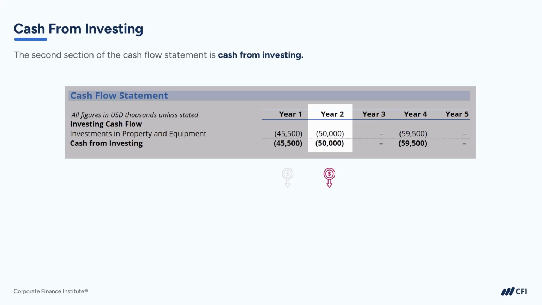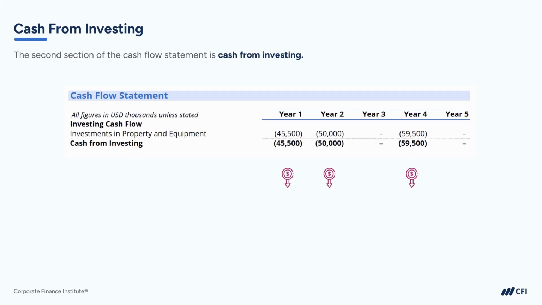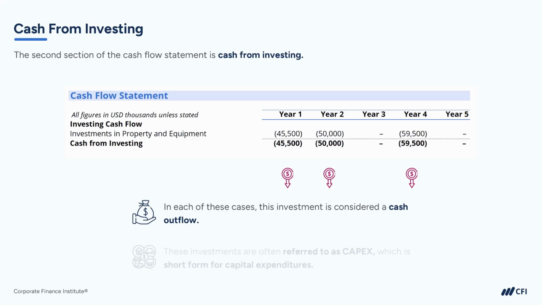And if we look at the fourth year, they invested another $59,500. In each of these cases, this investment is considered a cash outflow and is represented by a negative number. These investments are often referred to as capital expenditure or capex for short.